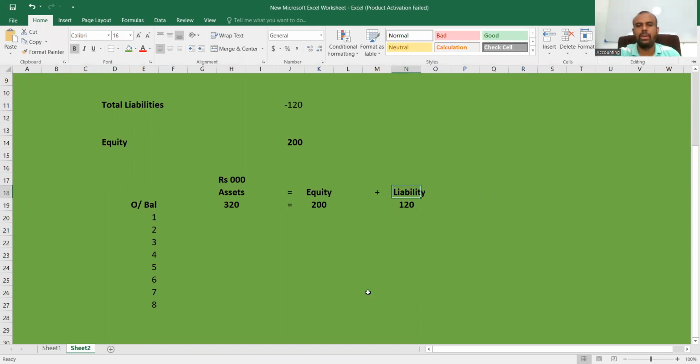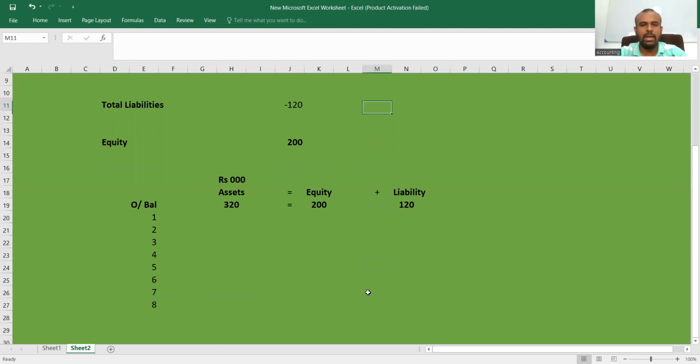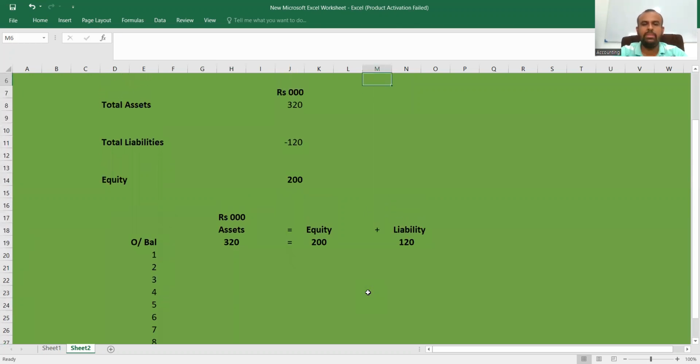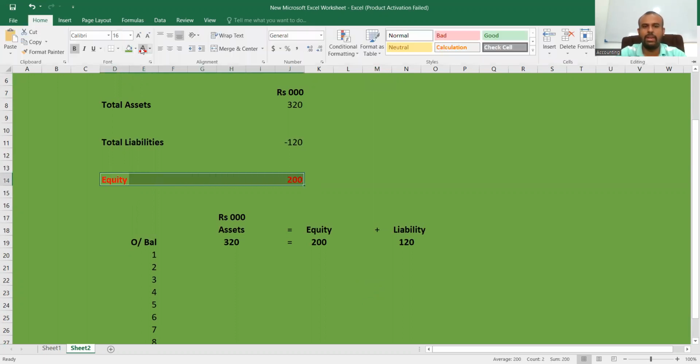They have not given the equity balance, so you know how to calculate it. From the total assets, you subtract the total liabilities, then you get the equity balance, which is 200. As we know, before recording any transactions in the accounting equation, if opening balances are there, those need to be recorded. So we recorded the opening balance. Now you can start recording each and every transaction one by one.